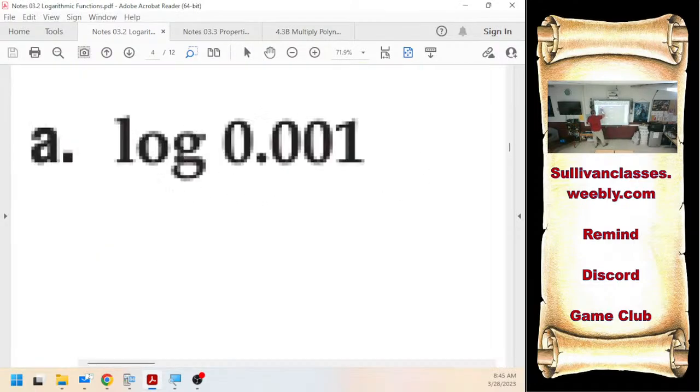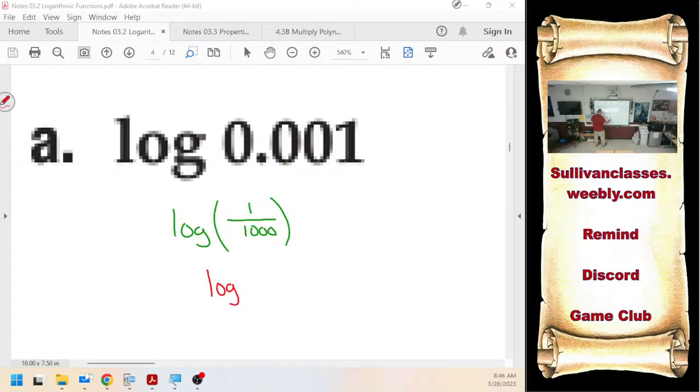I told you before that we don't like decimals in this place because, well, not stupid, it's just fractions are superior. What place value is that 1 in? So this is 1 thousandth. 1,000 is 10 to what power? So this is 1 over 10 to the third.